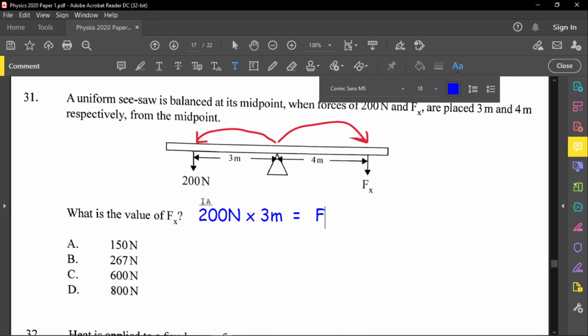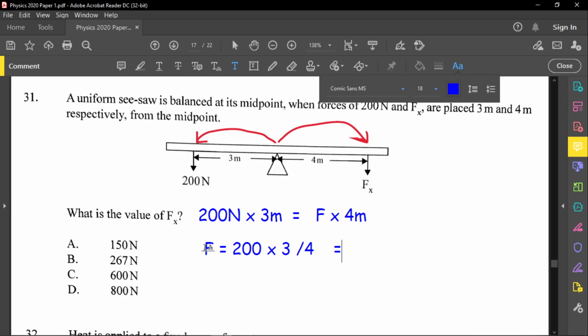It's going to be difficult for me to write that in. Let's say F times 4 meters. So I want to find F. So I want to make F the subject of the formula here. Okay, that's what I want to find. So F is going to be the subject of the formula. Then F will equal 200 newtons times 3, all divided by 4.